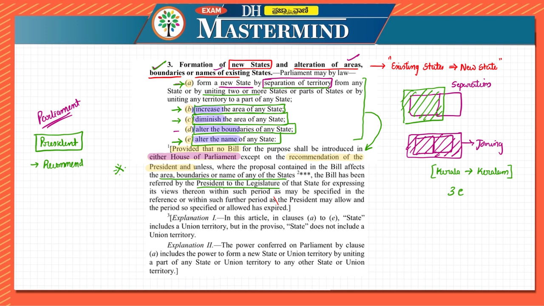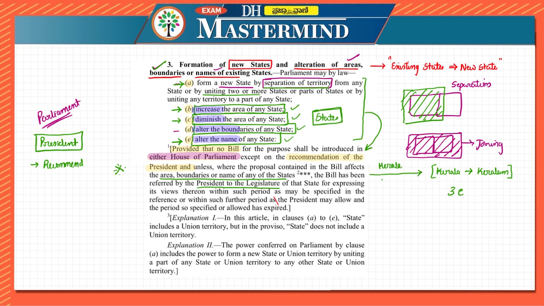Now, because there has to be an increase, diminishing, alteration of area or alteration of name, it is affecting the states itself, correct? So when these things have to be done, the president has to send the reference to that particular state also. In this case, it has to be sent to, let's say, Kerala, for example.